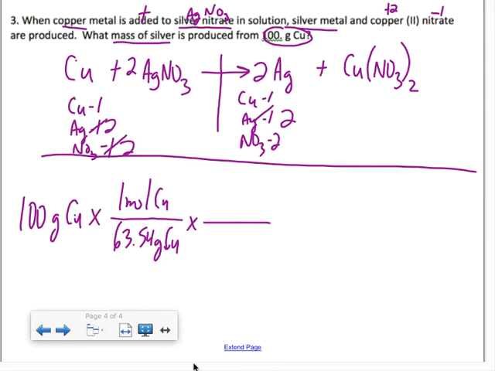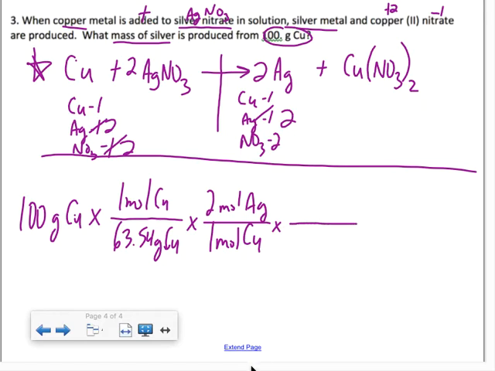The mole ratio I get from my chemical formula. Here I look at copper. It's going to be 1 mole of copper, because that's what I'm in, so those on the bottom cancel out. And I'm trying to get to silver. So here's silver: 2 moles of silver.